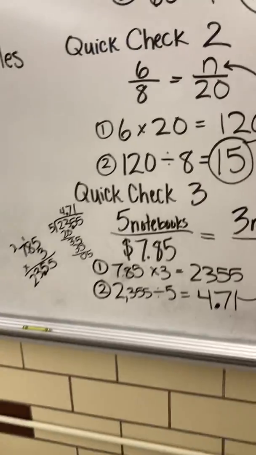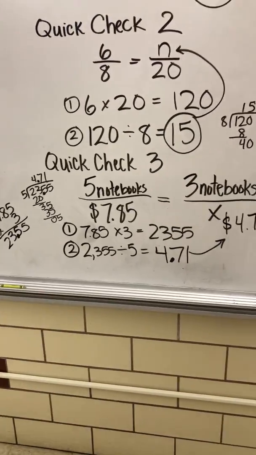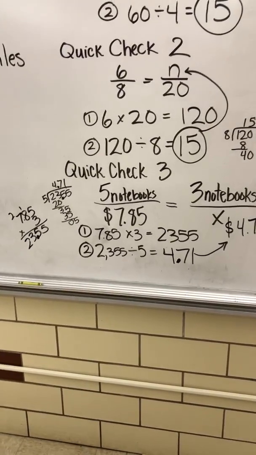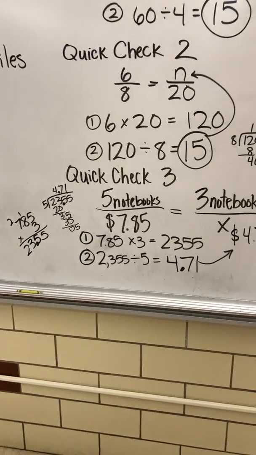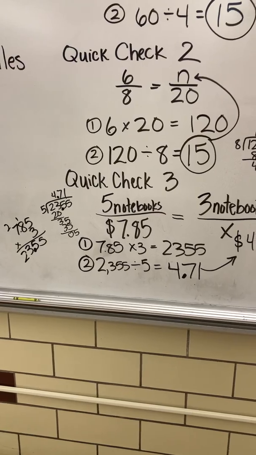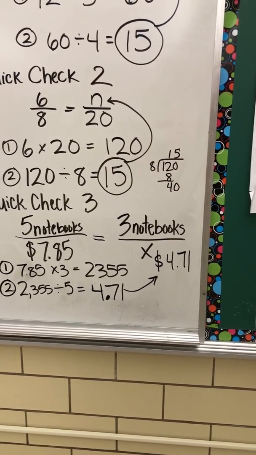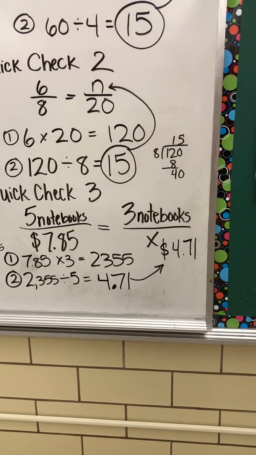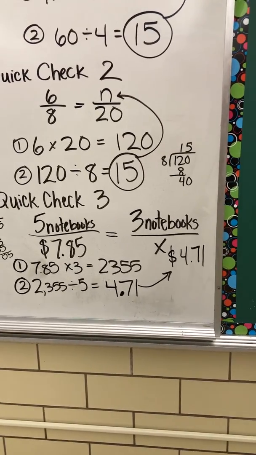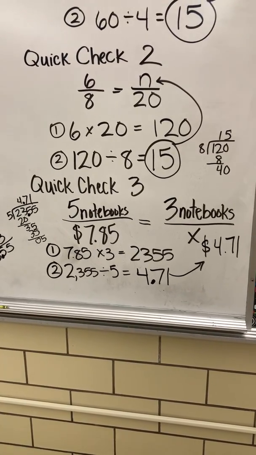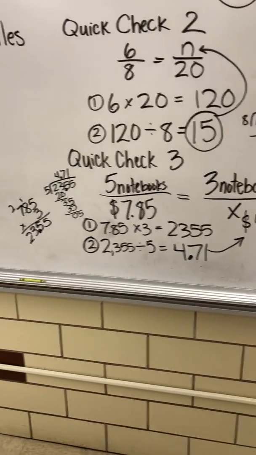In quick check 3, they're asking us a story problem at the bottom of page 321 about buying notebooks. If 5 notebooks cost $7.85, what would the price be if I wanted 3 notebooks? I used x as my variable, and my answer is going to be in dollars, because dollars is on the bottom. Notebooks is on top, dollars is on the bottom. You see I carried out the math.